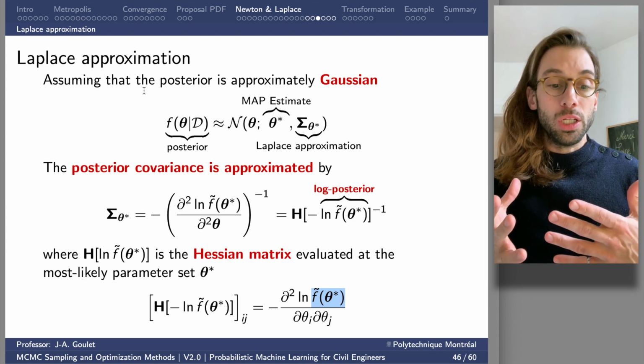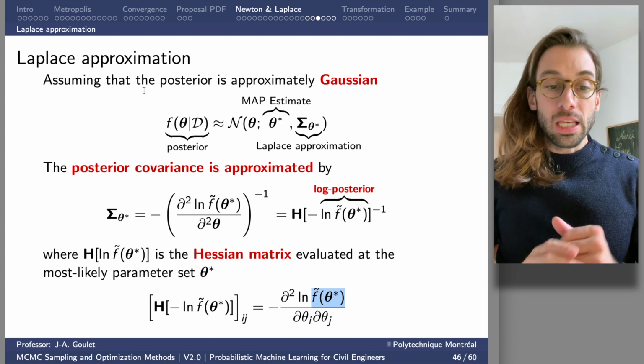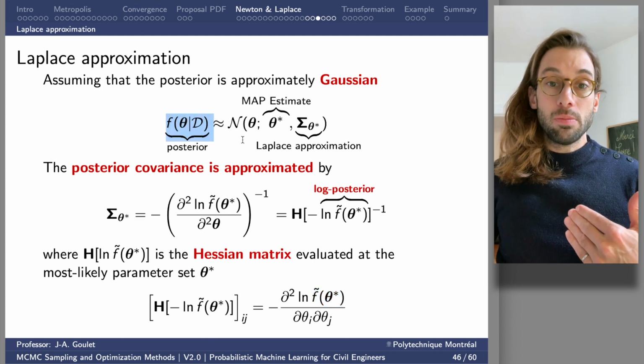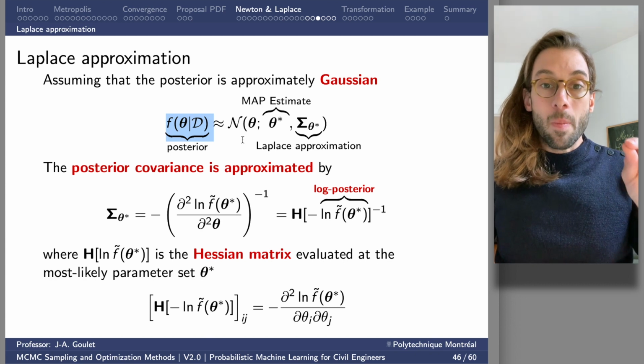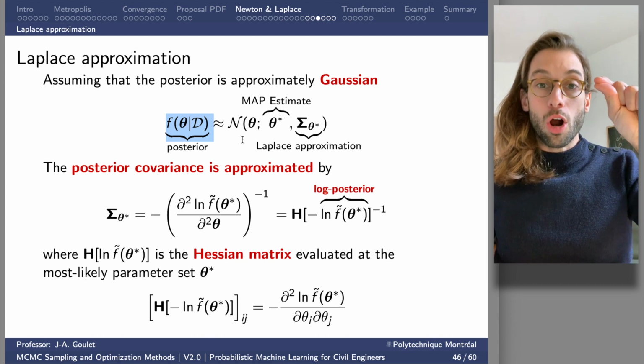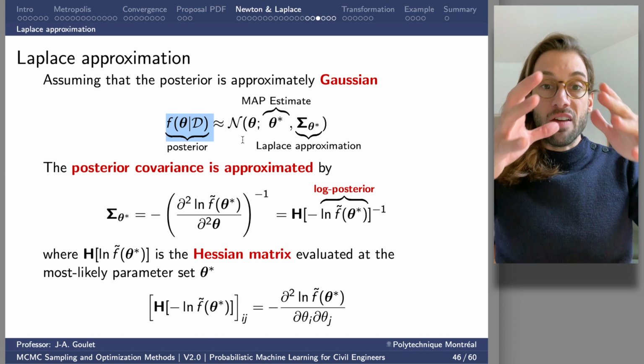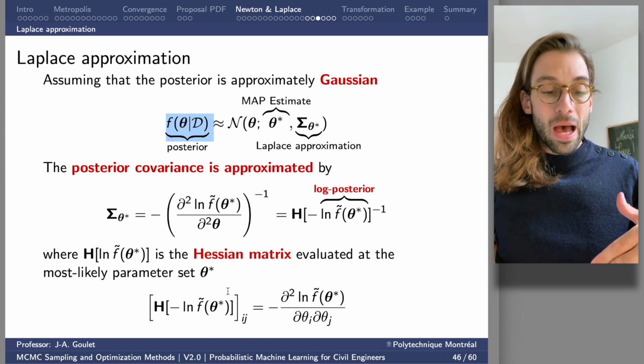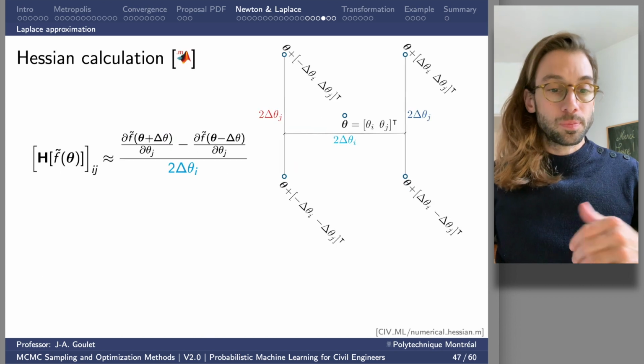In that case, what would we do? As a proxy for evaluating this posterior, we can do that Laplace approximation, meaning we're going to find the maximum of our unnormalized posterior and then evaluate that covariance using the information about the second order derivative.